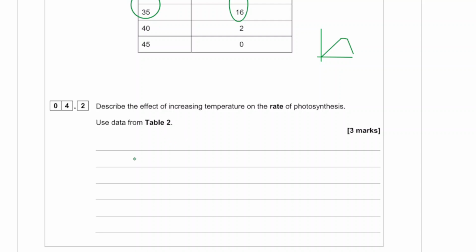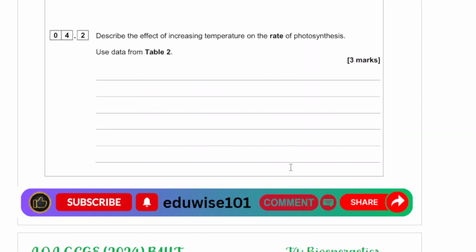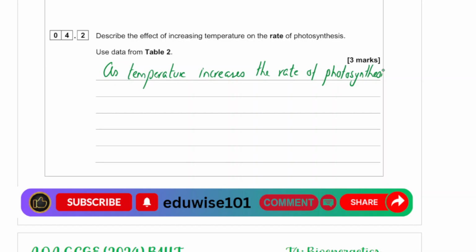So let's write the description. As temperature increases, the rate of photosynthesis also increases.